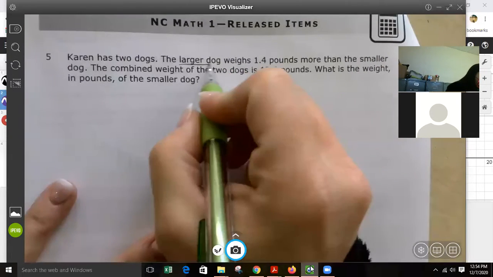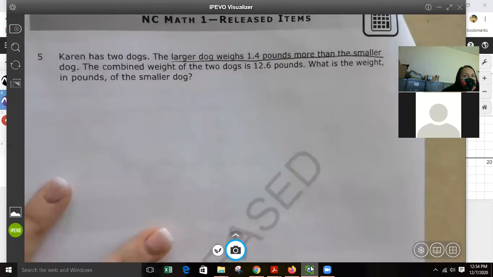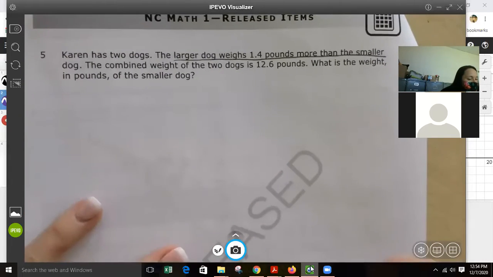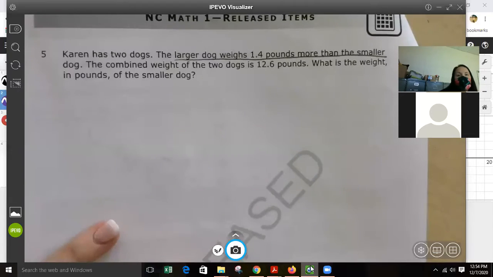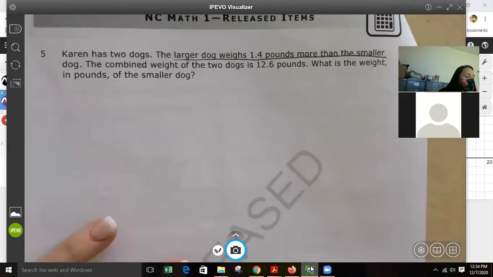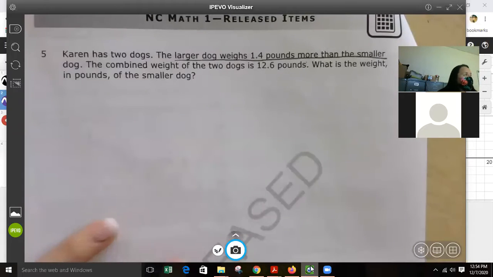The larger dog weighs 1.4 pounds more than the smaller. What do we do? Zoomers, you can answer too. How do I write large dog weighs 1.4 more than the small?